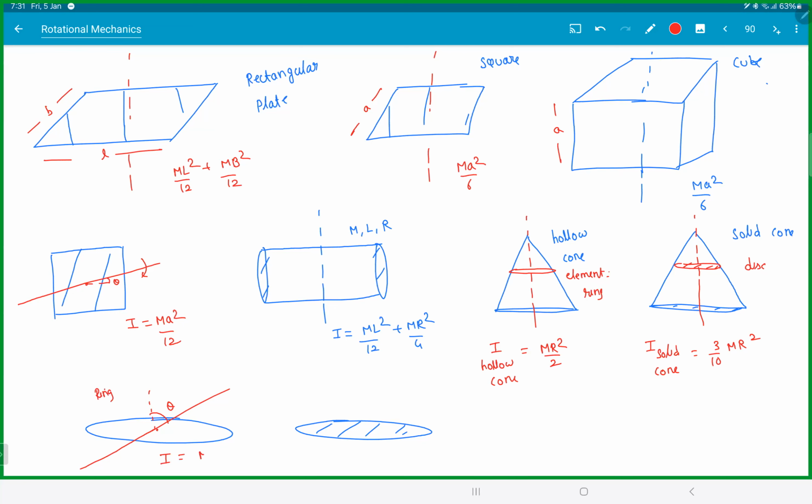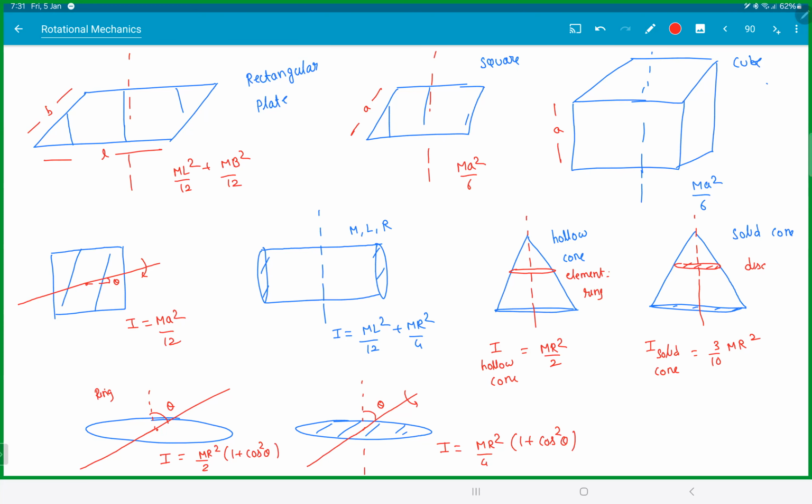So this I would be mr square by 2, 1 plus cos square theta. Axis is not in the plane, it is out of the plane. This derivation is pretty bad for these two. We don't need the derivation, just remember the results.